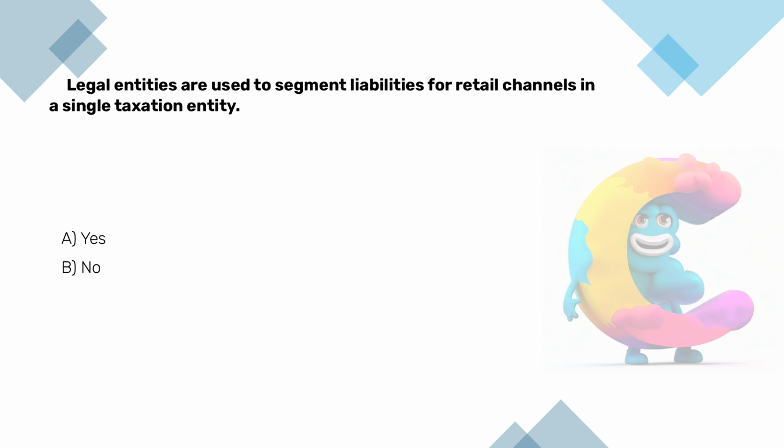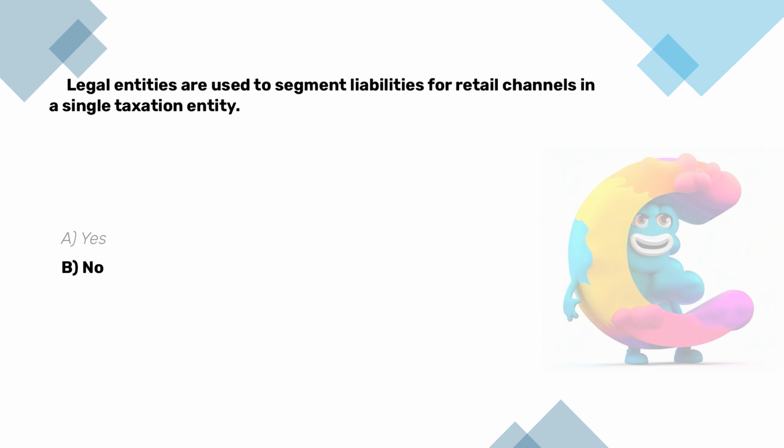Legal entities are used to segment liabilities for retail channels in a single taxation entity. Is it correct? Okay, now pause the video here, have a bit of think, and then continue when you are ready. No, legal entities are not specifically used to segment liabilities for retail channels within a single taxation entity.